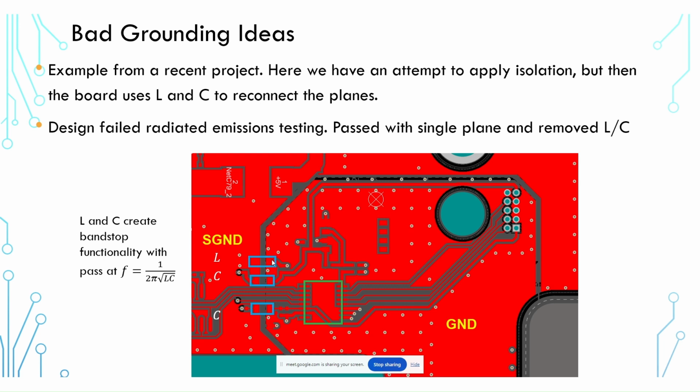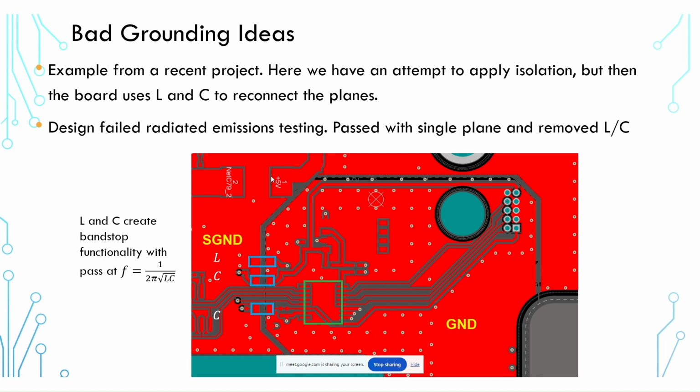And so then, of course, they added a ferrite bead here. The ferrite bead at lower frequencies is basically an inductor. So they're basically using some inductance and capacitance to connect these planes. Well, what's the problem with this? The problem is that you now have an inductance in parallel with capacitance, and that creates a filter.